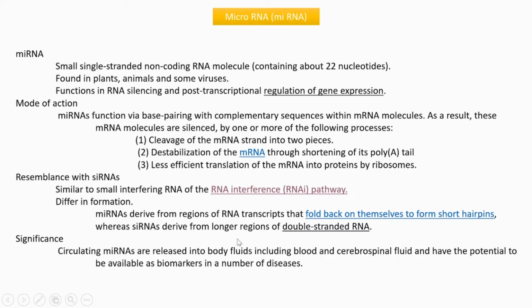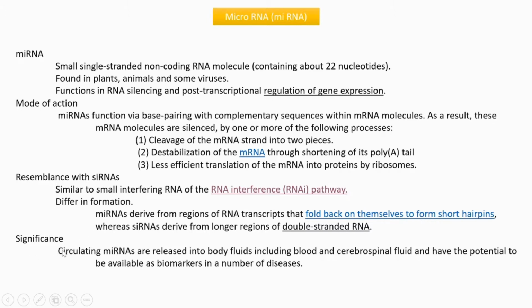But for siRNA, in double-stranded RNA, one longer region becomes siRNA. That is the main difference between siRNA and miRNA, with regard to its formation. Okay.